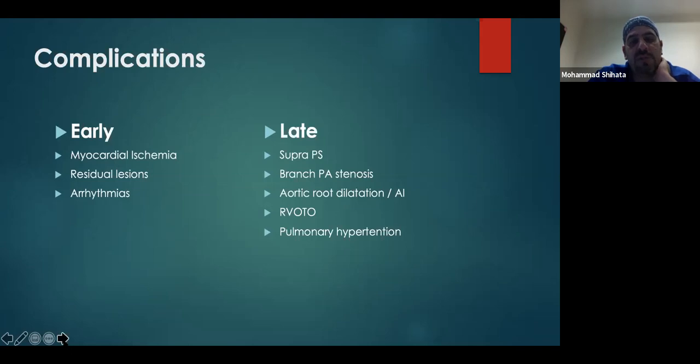Late complications, because of the patch that is prone to calcification, you can have supravalvular pulmonary stenosis or branch pulmonary stenosis from the pump maneuver, or calcification that extends to the ostia. As in any conotruncal pathology, the aortic root is prone to dilate. Now, I don't think we really understand the pathophysiology of root dilatation in conotruncal anomalies as well as we think.